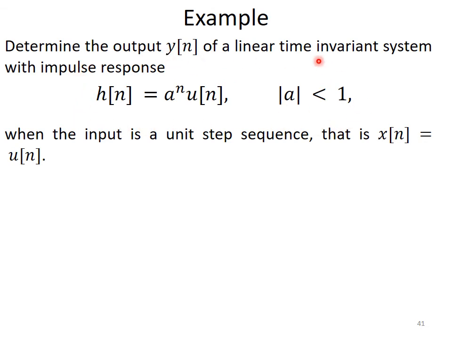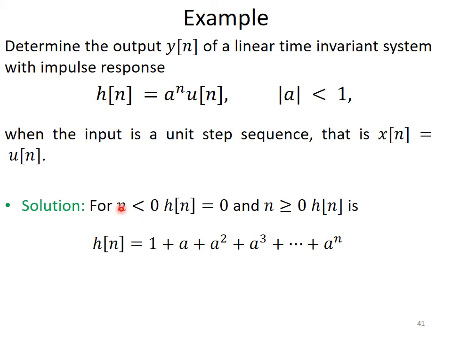So this is basically an exponential function, and when the magnitude of a is less than 1, then this is basically a decreasing exponential. So the input that is applied to the system is unit step function. So we have to find out the unit step response of the system given by this impulse response, right?